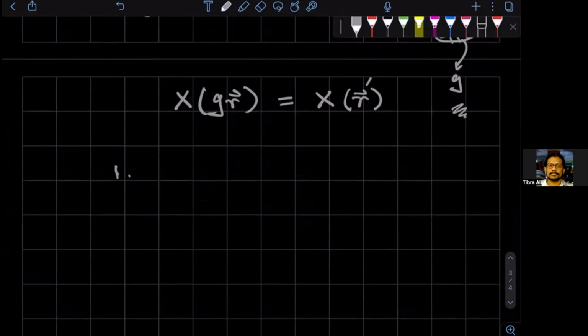One is that we assume that R prime is not equal to R. Then we can show that this equation doesn't make sense, this doesn't hold.